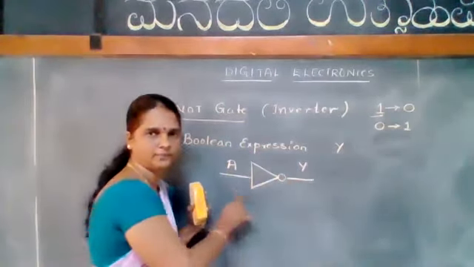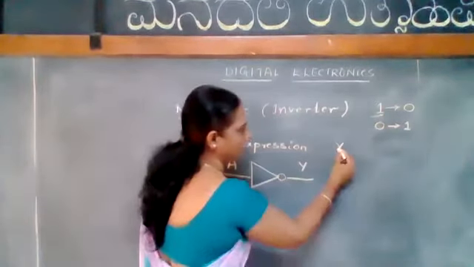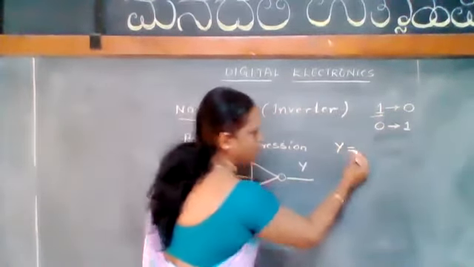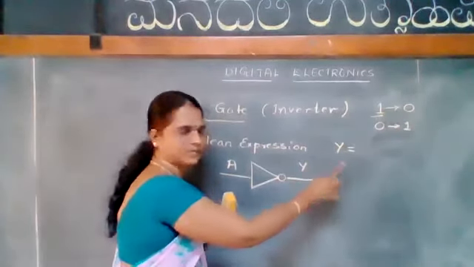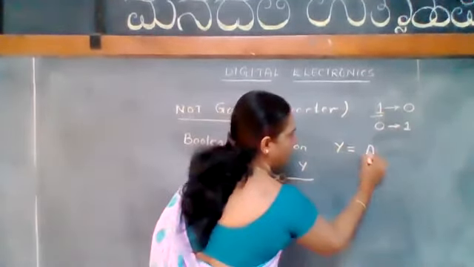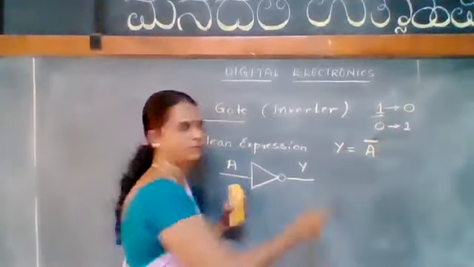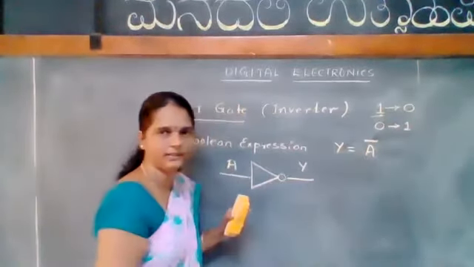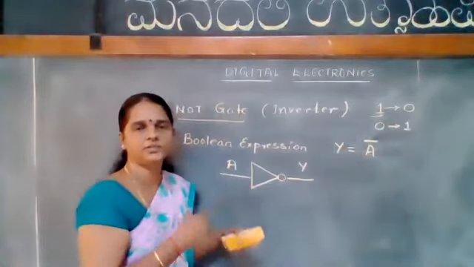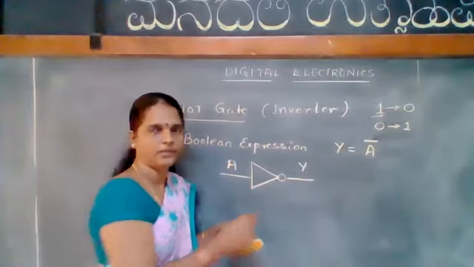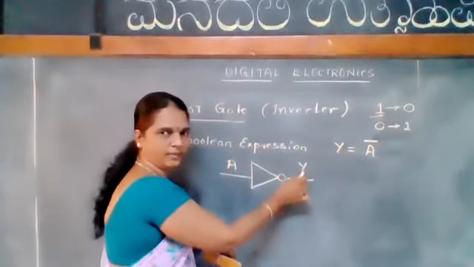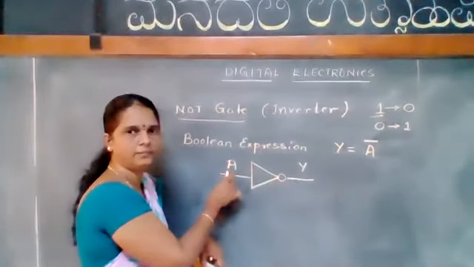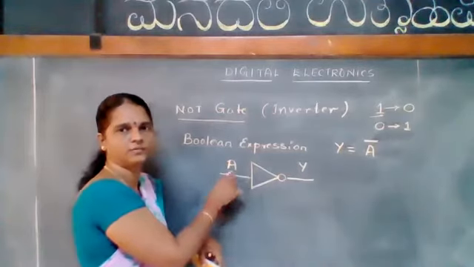To write the Boolean expression, Y is nothing but A complement. We know this complement indicates the inversion of the input. So the output Y is nothing but the complement of A, or the inversion of A.